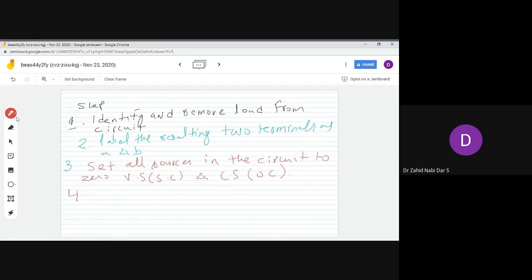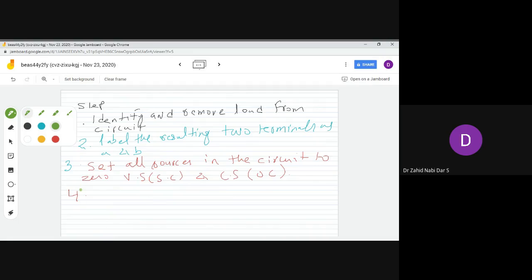The fourth step is to determine the Thevenin equivalent resistance by calculating the resistance seen between terminals A and B. It may be necessary to redraw the circuit to simplify this step.